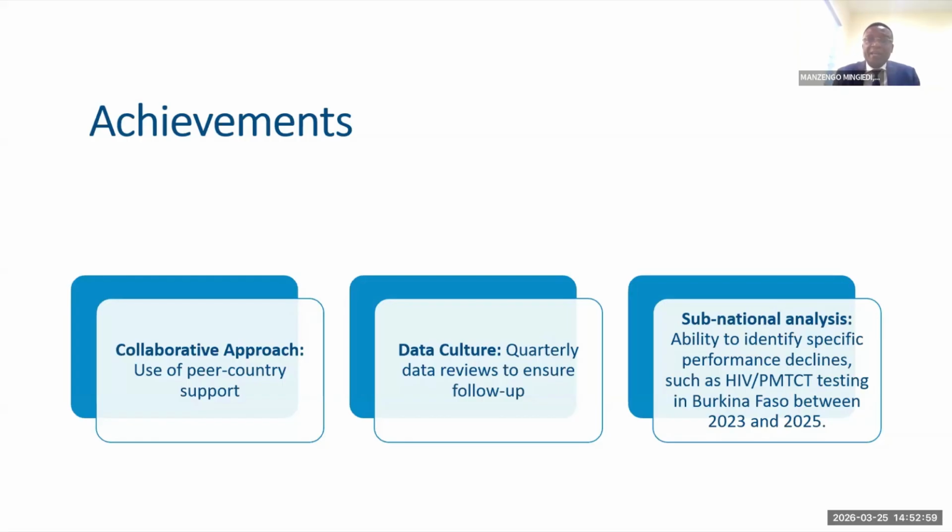The countries are now able to decide based on the data. And another thing is the subnational analysis, which helps the countries to prioritize and to take precise decisions when something is going wrong.